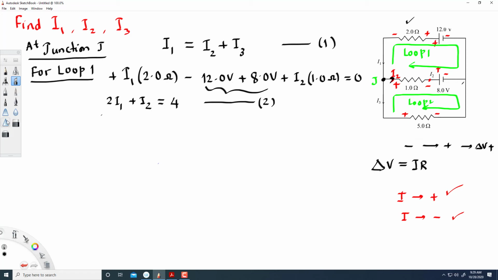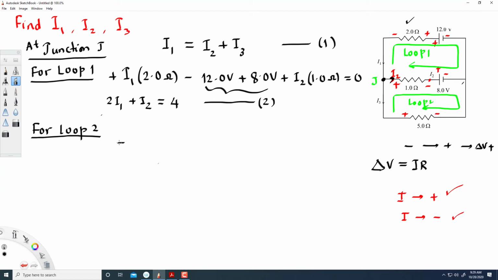Now for loop 2, start with any component. Let's start with this one. We are choosing the clockwise direction, so we will go from higher potential to lower potential.